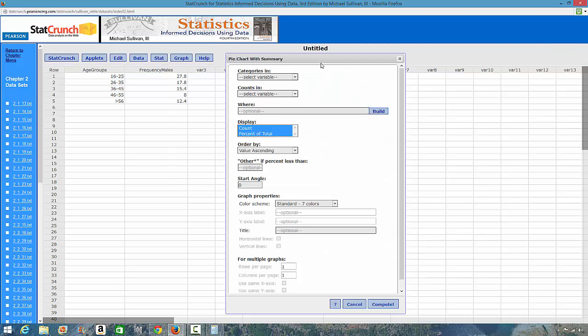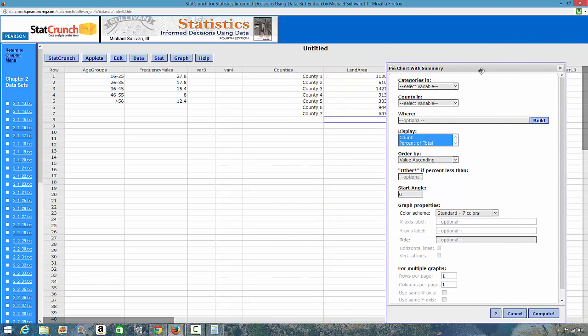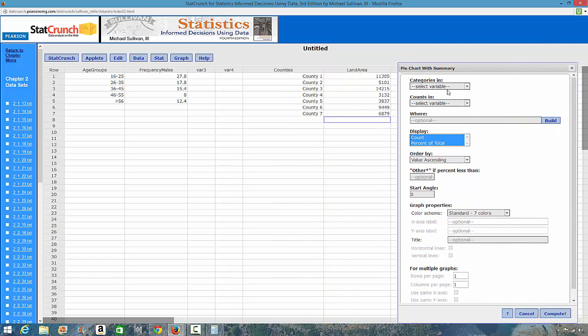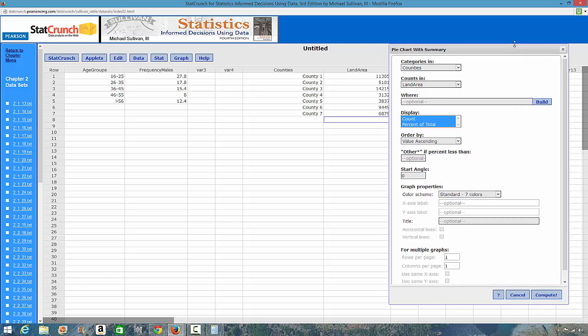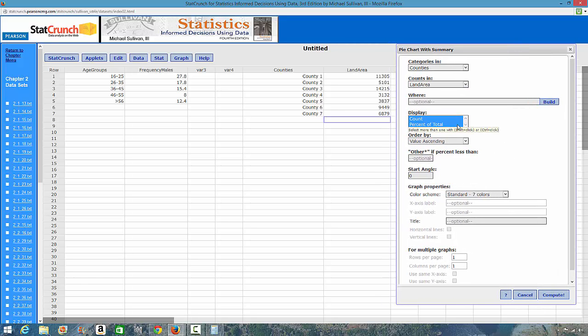Each one I'm doing with summary. My categories here would be the X, the counties. Counties is what I want. And the counts, the frequency, will be the land area, the total land area. If you want, you could display it as count or as percent or as both.